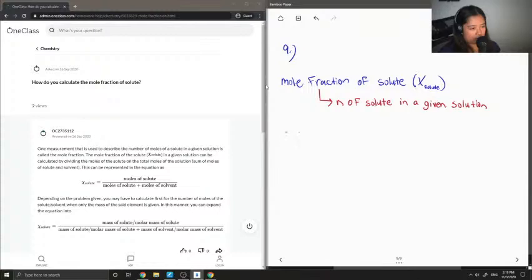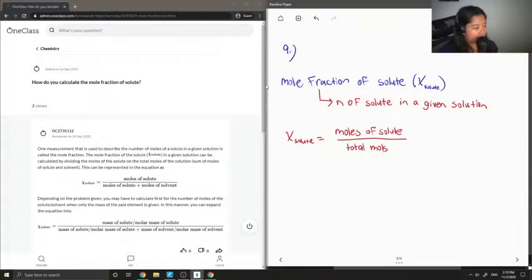So let's just write out an expression for this. The mole fraction of solute can be calculated by doing the moles of solute divided by the total number of moles in the solution.